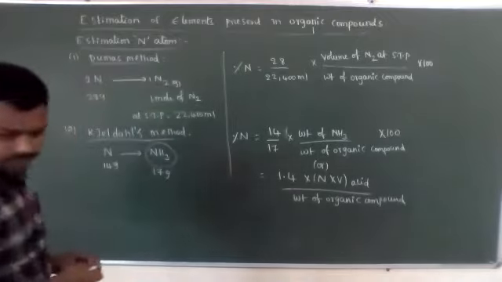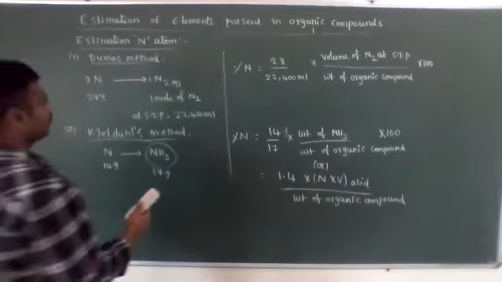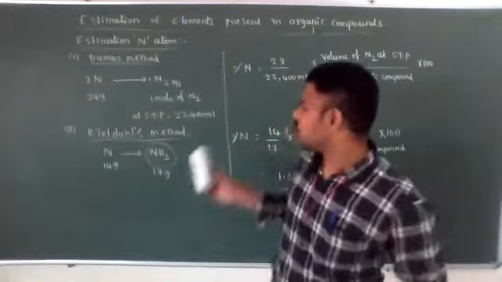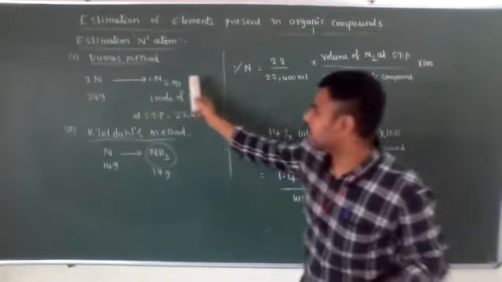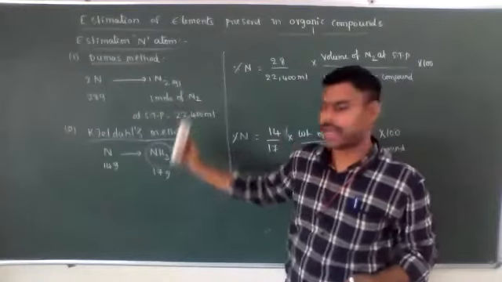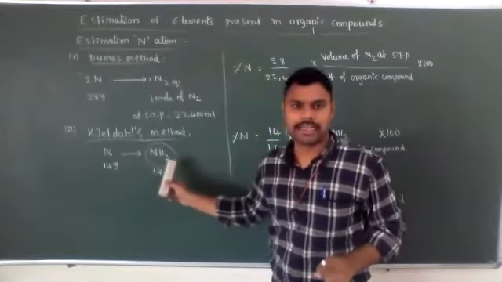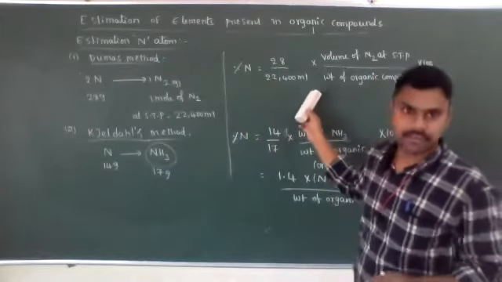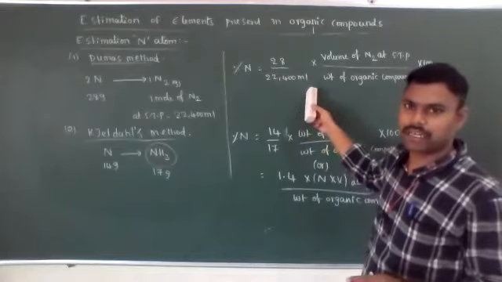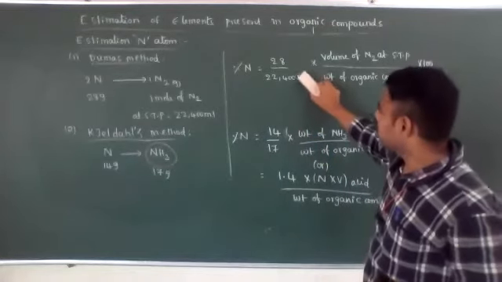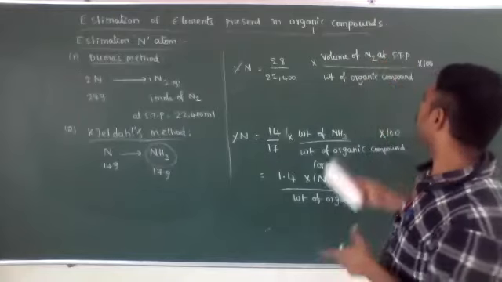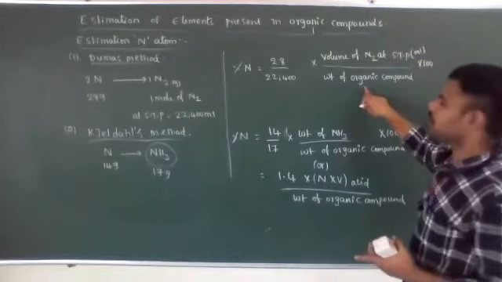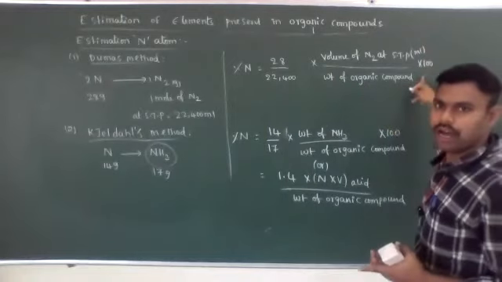Okay, students, let's see. We calculate nitrogen percentage by two methods. One is the Dumas method, in which nitrogen is converted into N2 gas. The second is Kjeldahl's method, in which nitrogen is converted into ammonia. In the Dumas method, percentage of nitrogen is equal to 28 by 22,400 into volume of N2 gas in ml by weight of organic compound into 100.